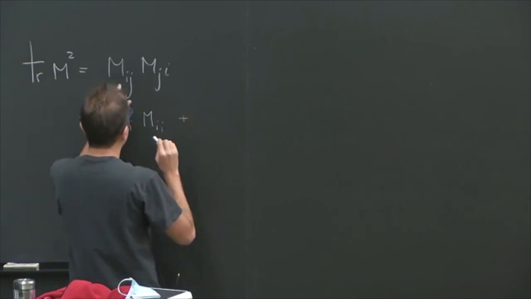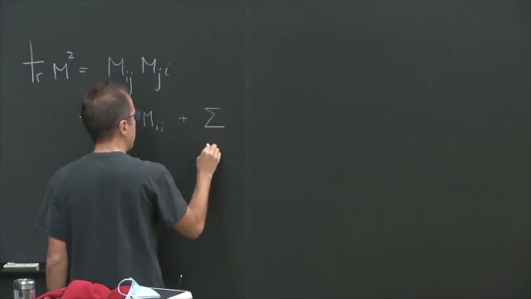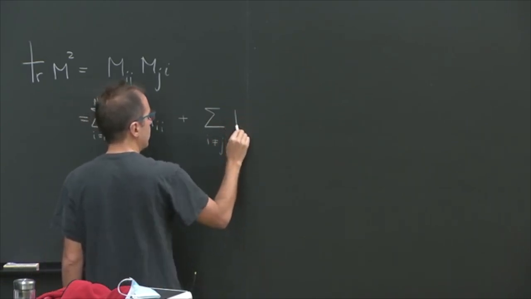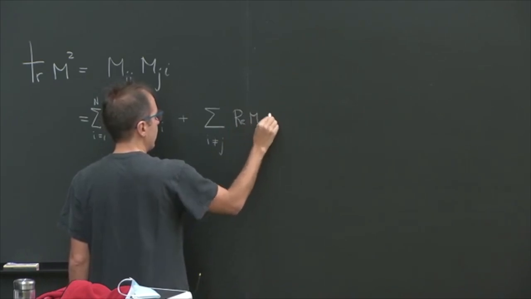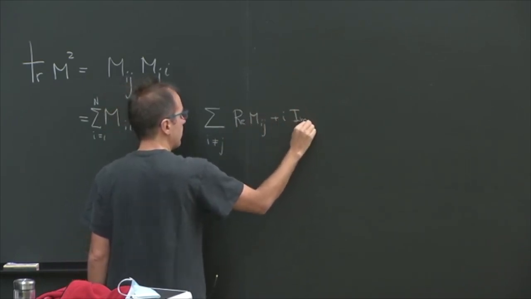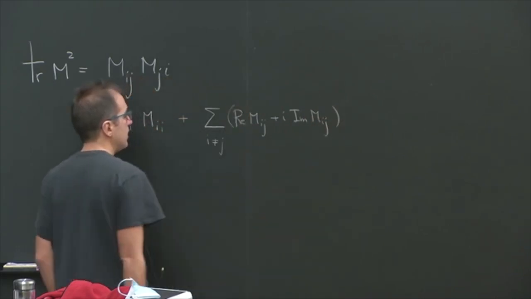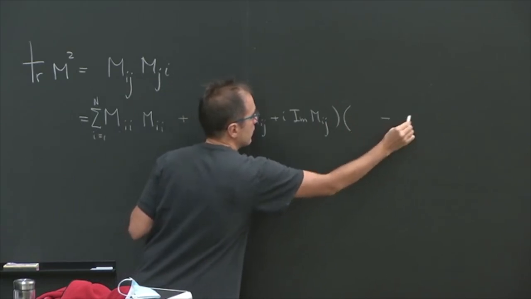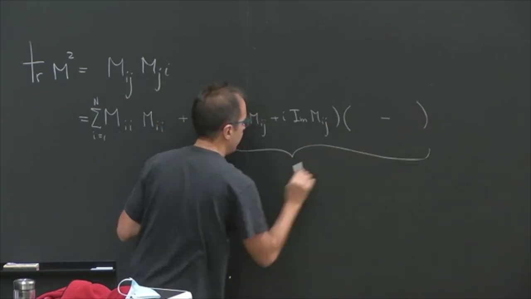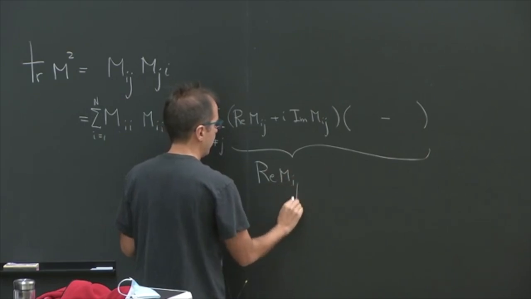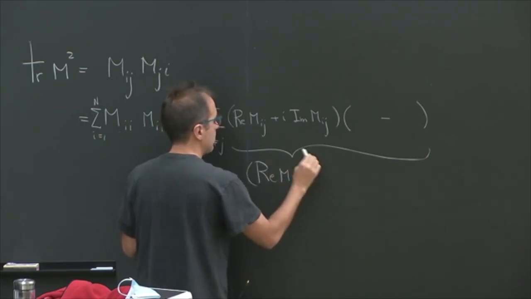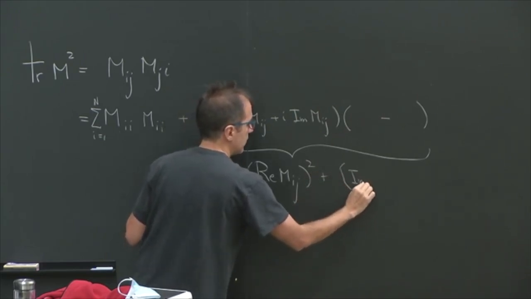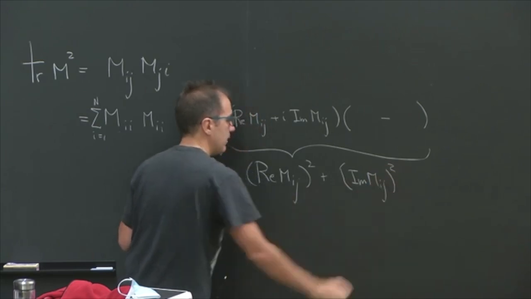Plus, and then the other ones, which is a sum over i not equal to j of real part of Mij plus i imaginary part of Mij times the other one with ji, which is just the complex conjugate of this, times the same thing with mine. And so this stuff is real part of Mij squared minus this guy squared, which is plus the imaginary part of Mij squared, right?